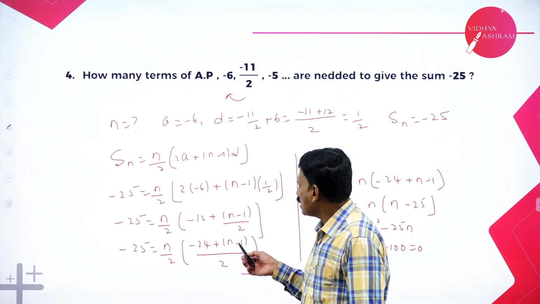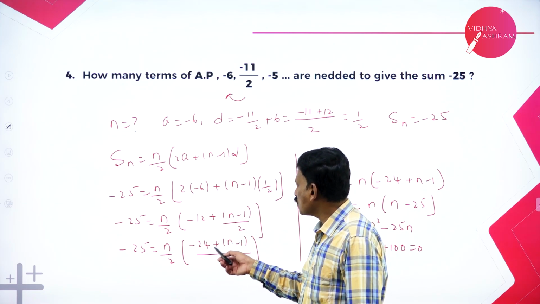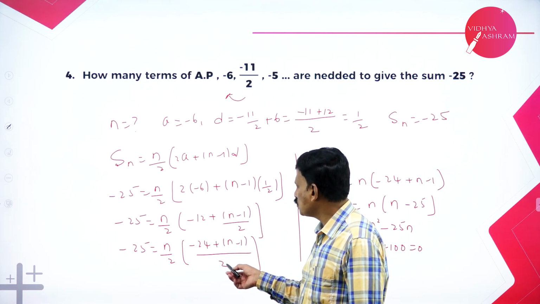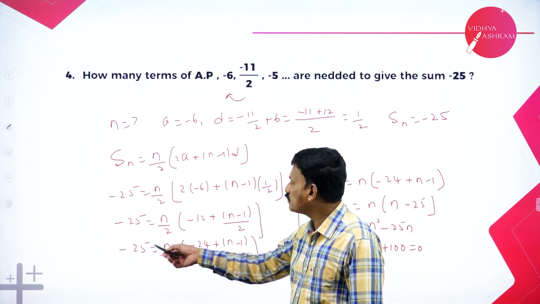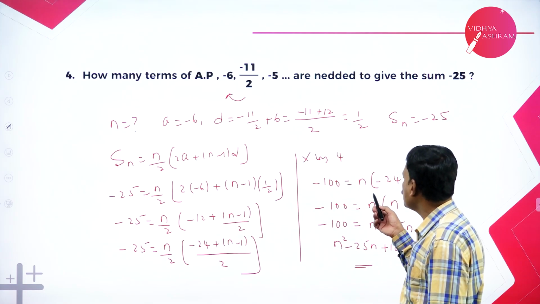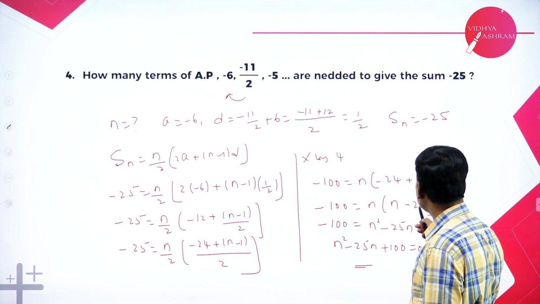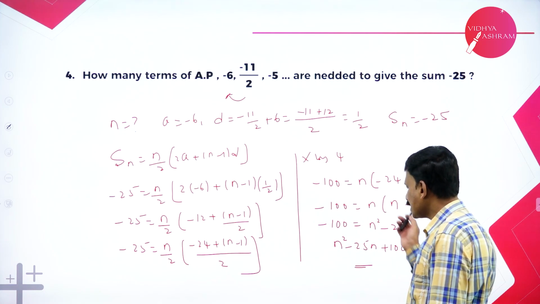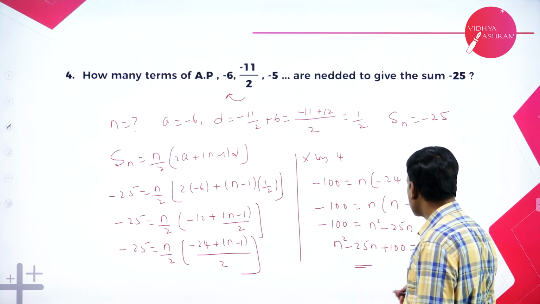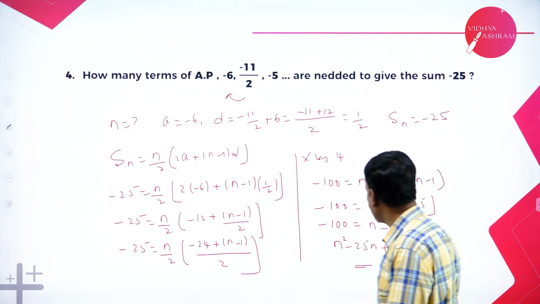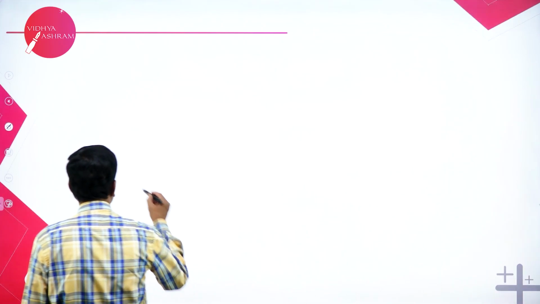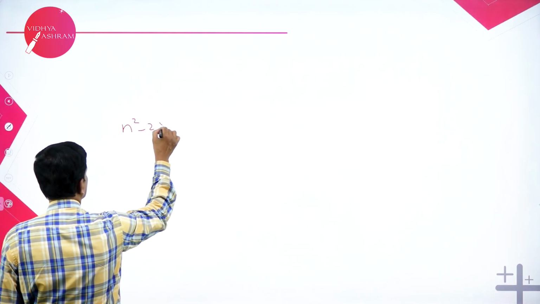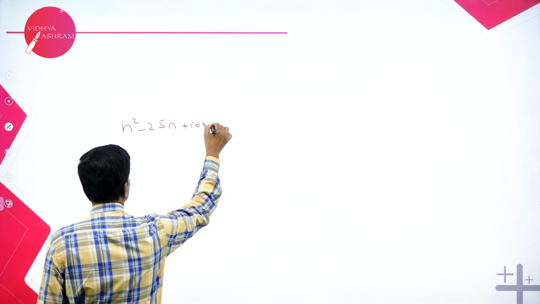Now just take LCM and simplify. 2 is the LCM. 12 twos are 24, plus (n minus 1)/2. 2 twos are 4, just multiply by 4. 25 into 4 is 100. 100 is equal to, 4 and 4 get cancelled, n into (n minus 24 minus 1, which is -25). Multiply it. n into n is n squared minus 25n. Transfer this. n squared minus 25n plus 100 is equal to 0. The quadratic equation. Factorize this. So that is n squared minus 25n plus 100 is equal to 0.